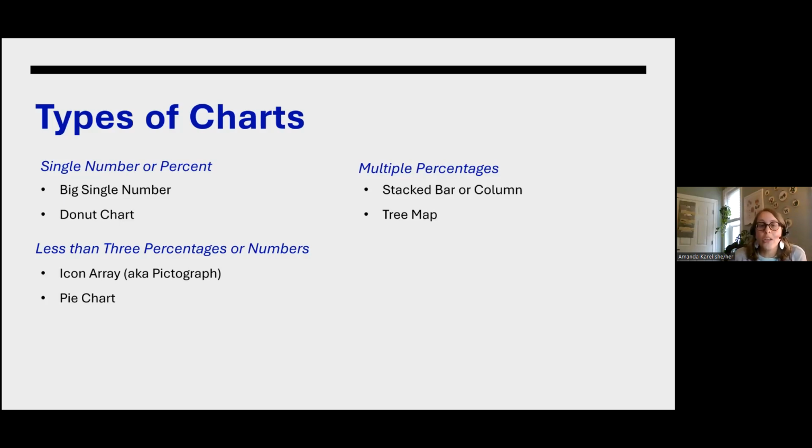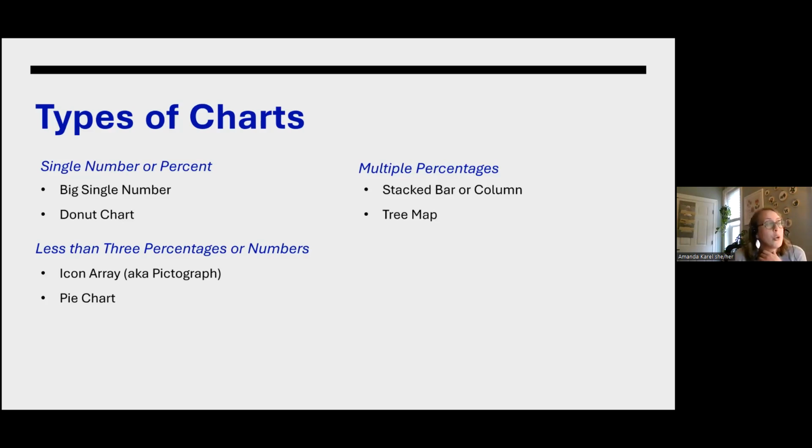If your percentages are hierarchical in nature, for example, if you were trying to visualize where your budget spend is or different components of your library's collection, a tree map is particularly helpful, especially if some of your percentages are very small.